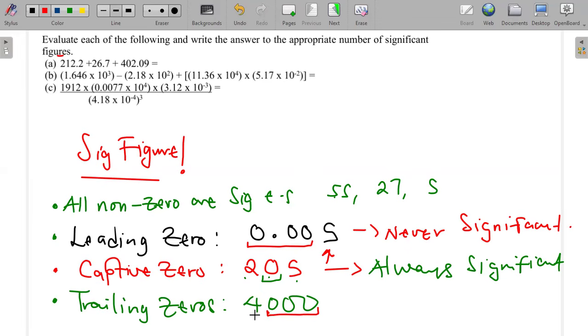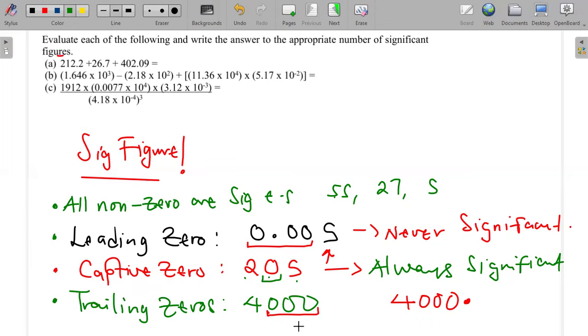Okay, so the trailing zeros are in two parts. The way I've written this number like that, and then I'm also going to write it like this, with a decimal point like that. Okay, so trailing zeros are only significant if in that number you have a decimal point. Okay, trailing zeros are only significant if in that number you have a what? You have a decimal point.